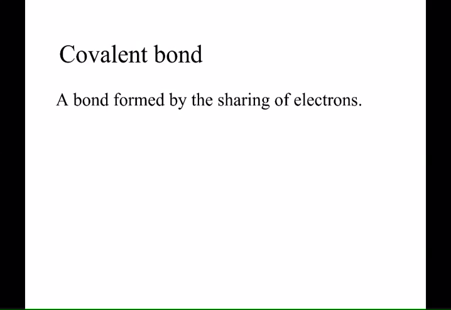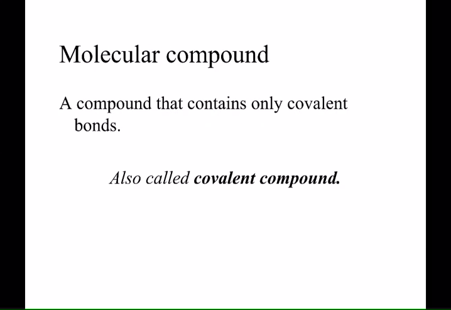We said that we know we have a covalent chemical bond if electrons are shared. Okay, so that's a covalent bond. We're going to talk more about the covalent bond. So we have been talking about two types of compounds, the molecular compound versus the ionic compound.